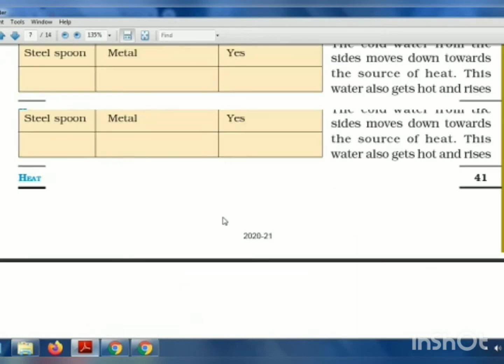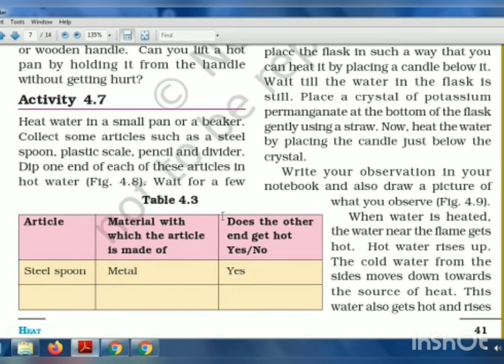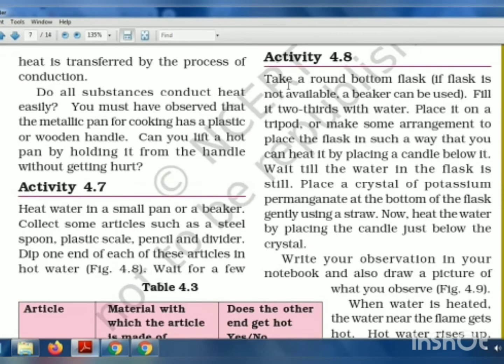This is explained here: take a round bottom flask, fill it two-thirds with water, and place it on a tripod or a stand, or make some arrangement so that you can heat the flask. You heat it by placing a candle below it.